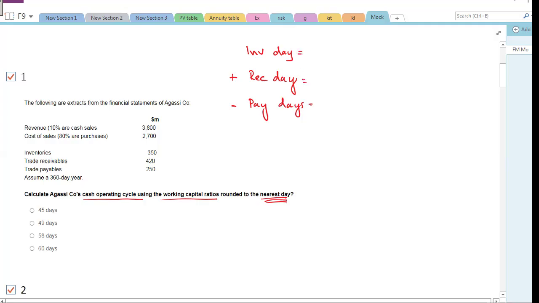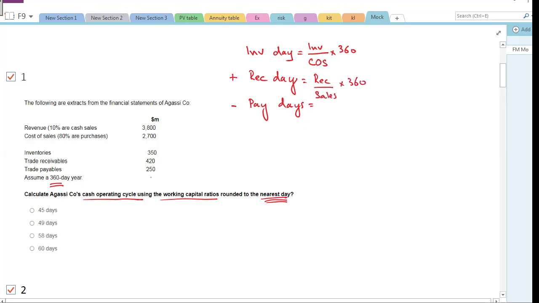Just in case you don't remember the formulas, it's inventory divided by cost of sale into 365. But in this particular question, it says that you have to assume that there are 360 days, so that's multiply by 360. For receivables, it will be receivables divided by the credit sales into 360.